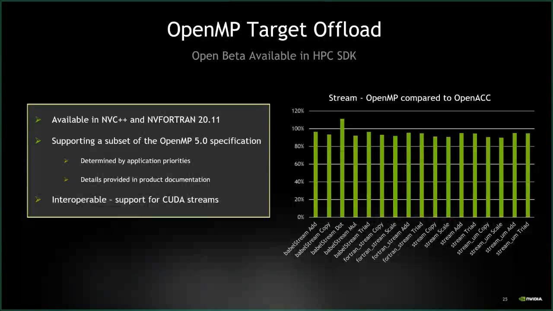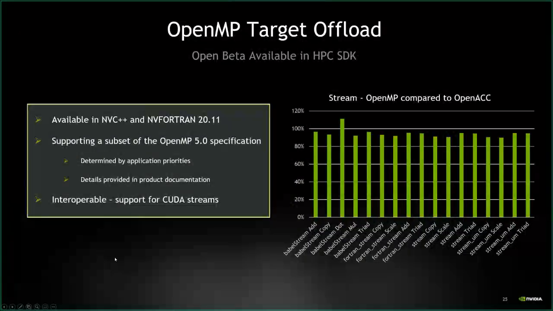It was determined by application priorities, as well as what we think will be performant, portable and productive for our application users and our compiler users. The details about the subset are now available in the product documentation. That wasn't true until 20.11 when we went into open beta. So you're welcome to go take a look there and see which features have been implemented and are available.